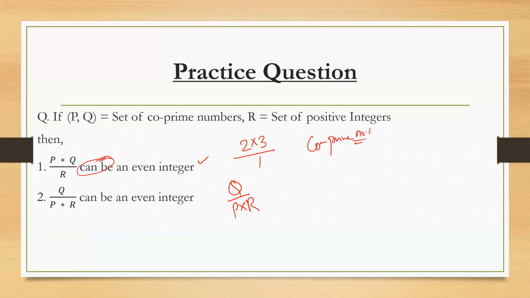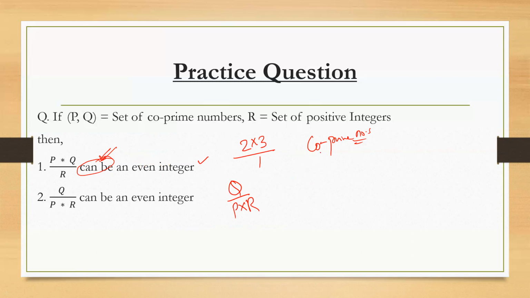That means if you get any one value that is an even integer, then fine, that is done. You might get other values also where it is an odd integer, but what you have to focus upon is "can be". Can be means any one value you have to find.